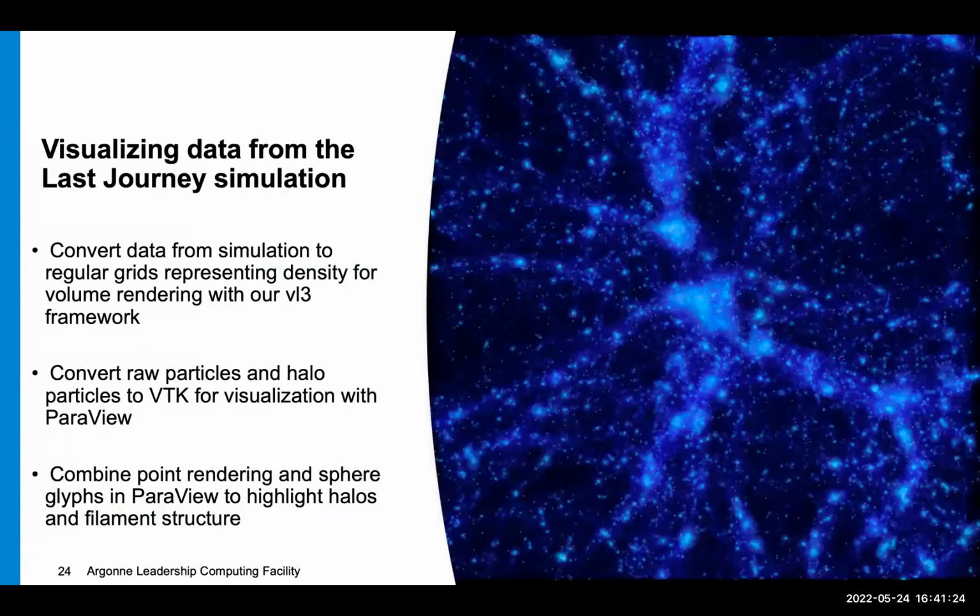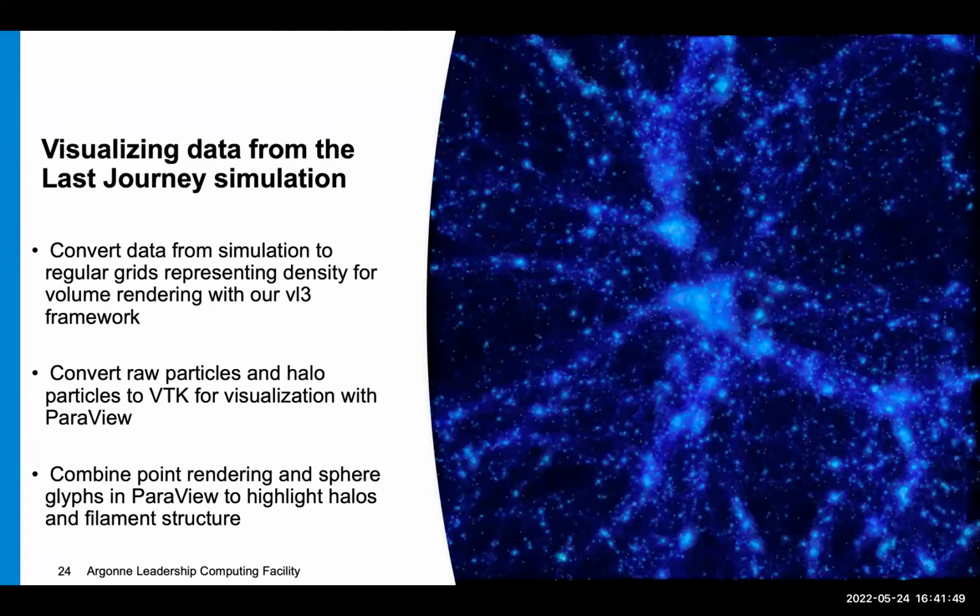Let's talk about the data that we received from the science team to visualize. The code is particle based, so essentially we get raw particles representing the dark matter. For rank 0 specifically, we get a dump every time step, so you will see a lot of that.